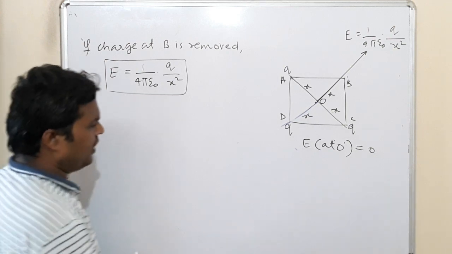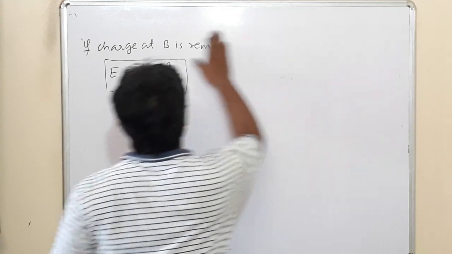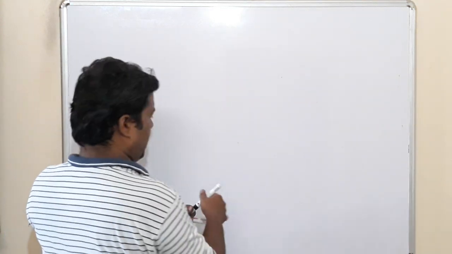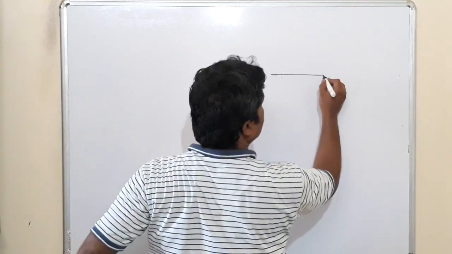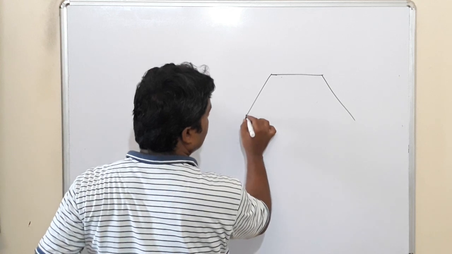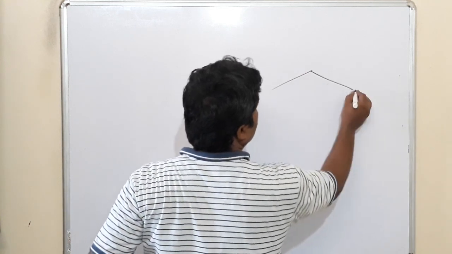Then it is true for all the polygons I am taking. Suppose for example, if you take a hexagon also, that is true. See, this is the regular hexagon I am taking. Like this also you can take.